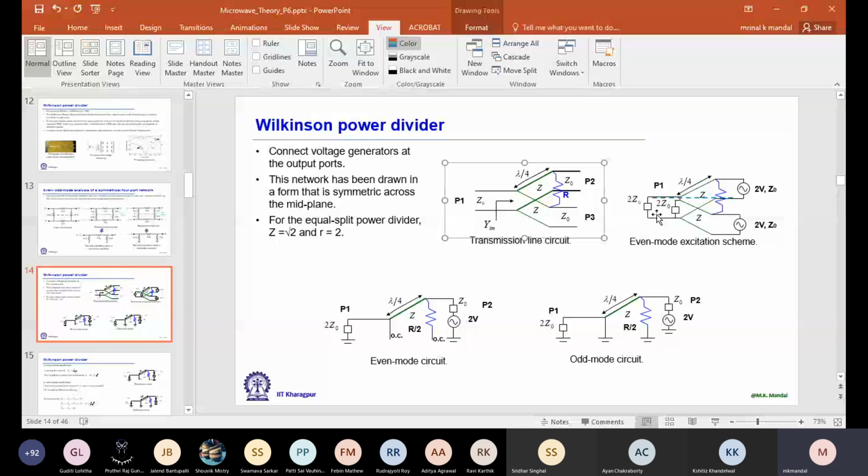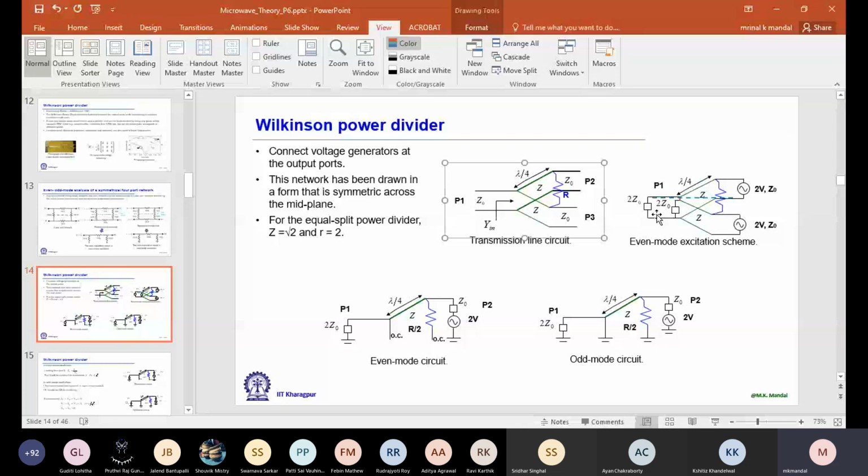We are as if cutting port 1 into two parts, each consisting of twice Z0. The output side remains as it is, Z0. Now we apply the output voltage. Instead of 1 volt, it is now 2 volt, because when we add, it will come back to 1 volt. I will show that later.